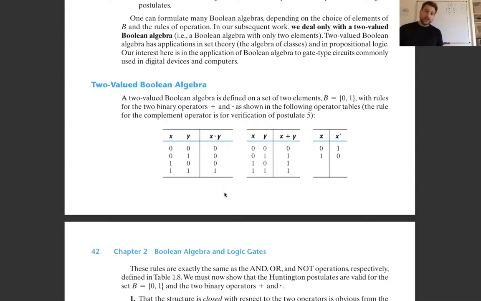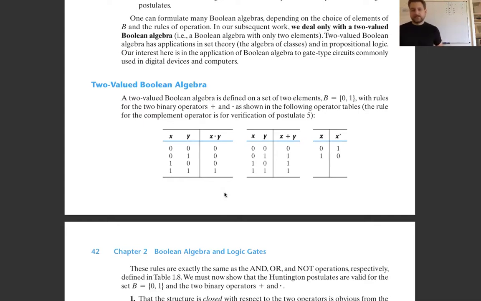If x and y both have the value 0, then x dot y is 0, and x dot y is doing a pretty good job of representing the answer to a logical question. Are all of the inputs x and y 1? We represent a logical yes with the value 1. We represent a logical no with the value 0.